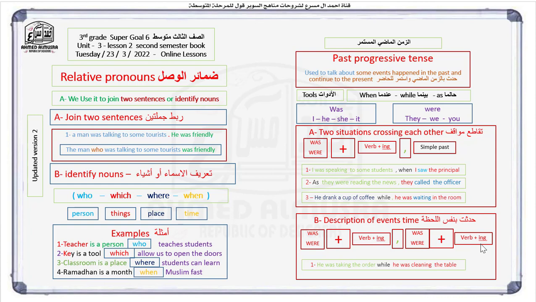This is the second situation, because I want to describe the two situations at the same moment of time. Let's get the example. I'm talking about a waiter. He was taking an order. He was taking the order while he was cleaning the table.